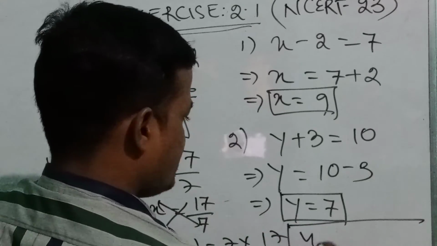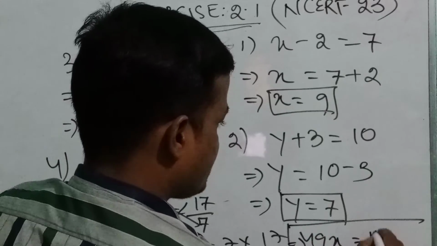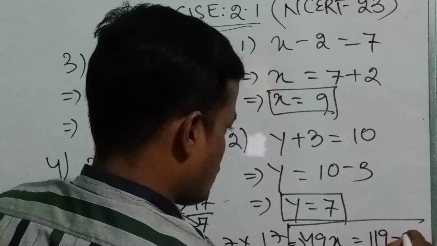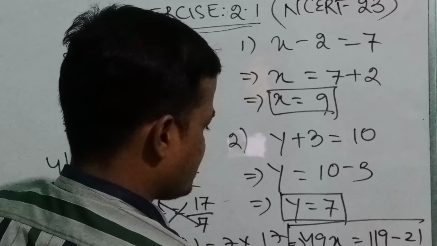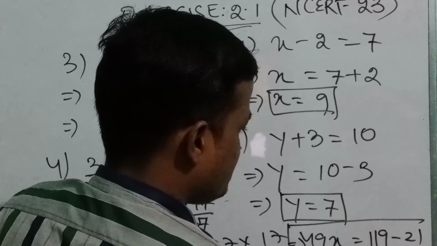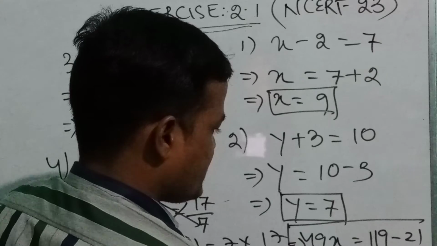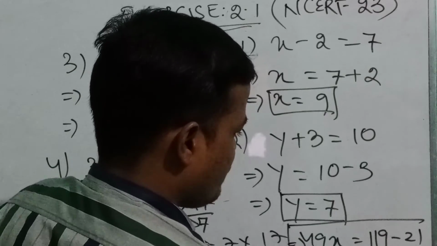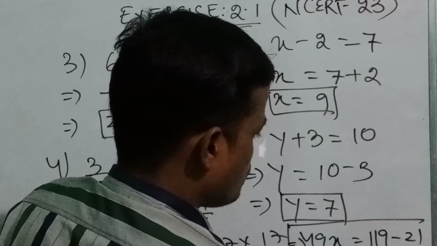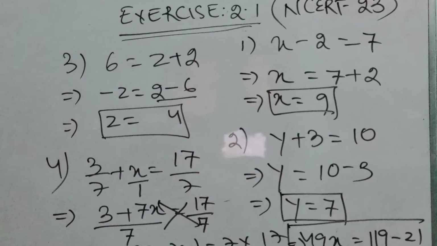So 49x will be on the left side and on the right side 119 minus 21. So 49x equal to 98. The value of x is 98 by 49 equal to 2. So x equal to 2 is the solution of this equation.